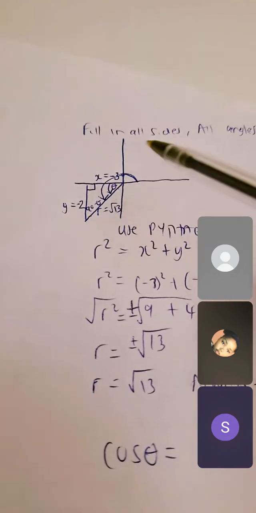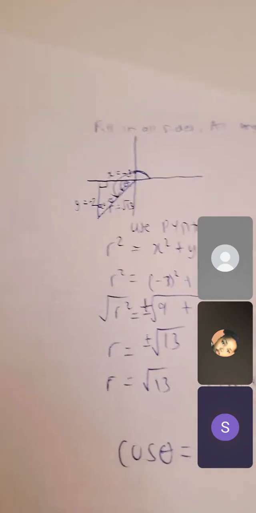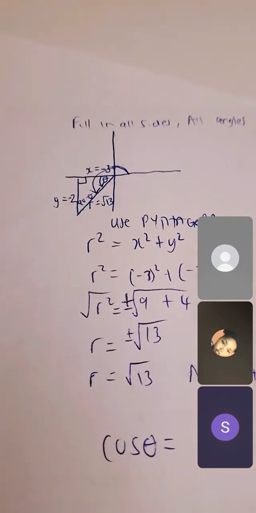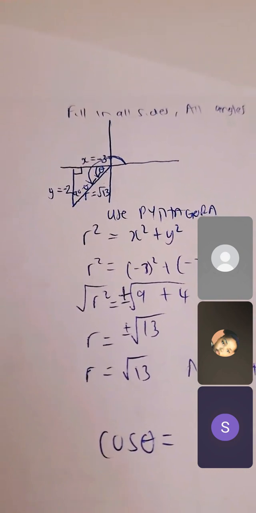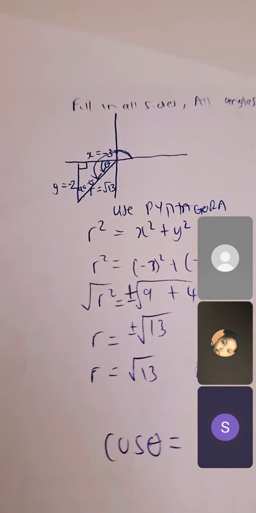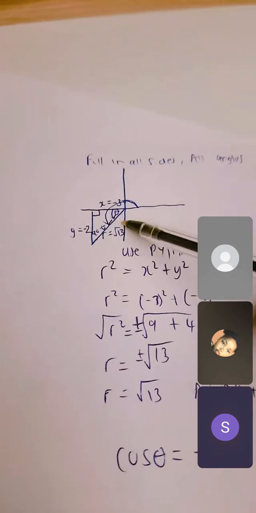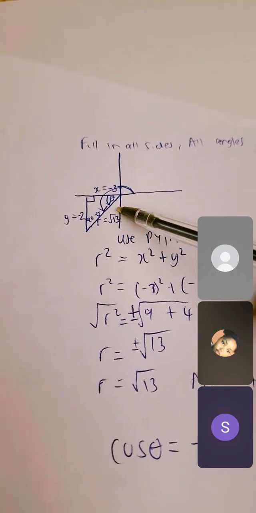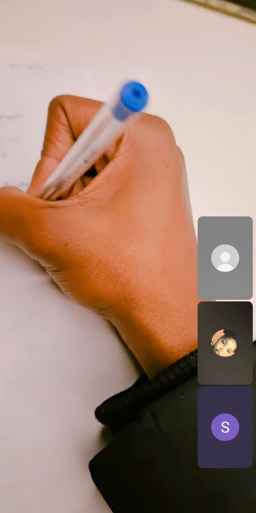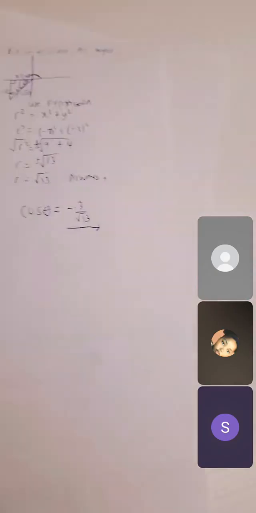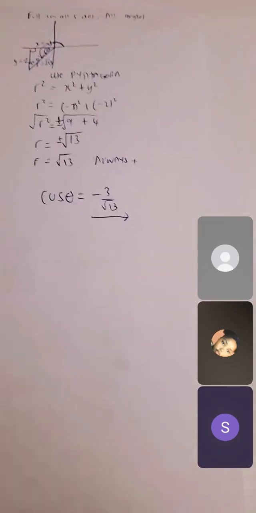Adjacent over hypotenuse. What's the value of the adjacent side? Negative 3. Do you all see that? Negative 3 over hypotenuse. Hypotenuse is square root of 13. And you leave your answer right there, like that, no problem for now.